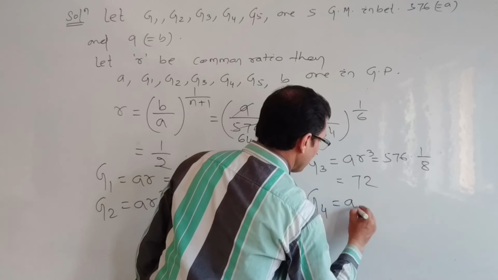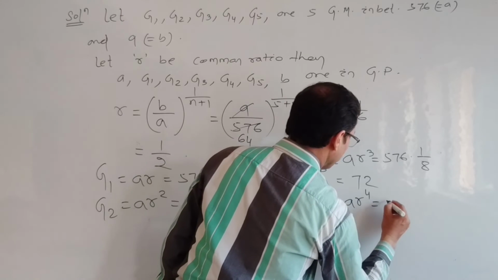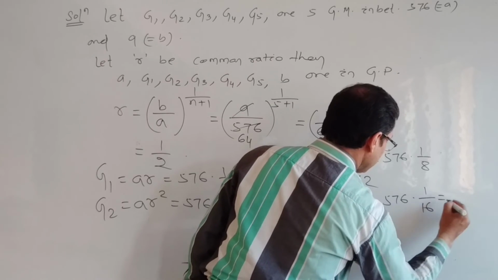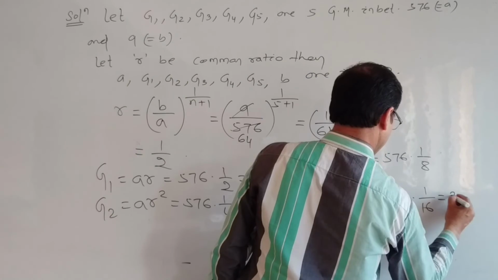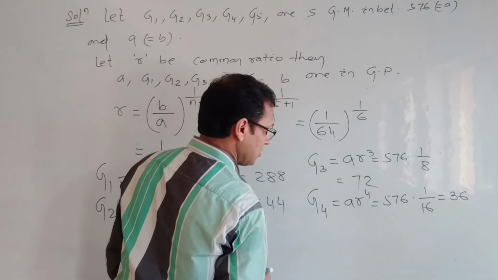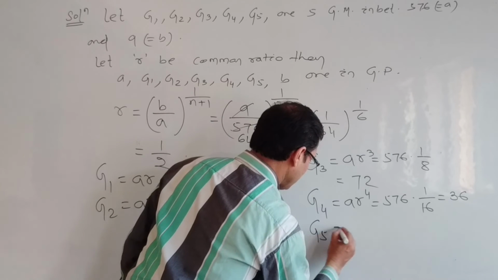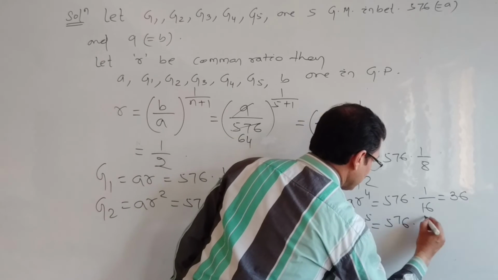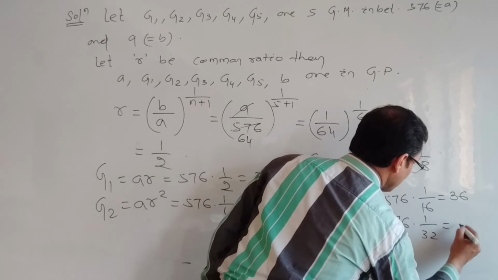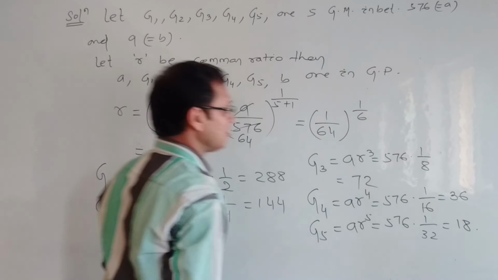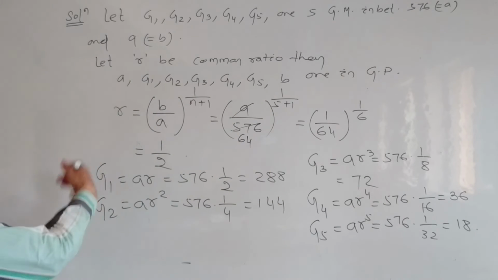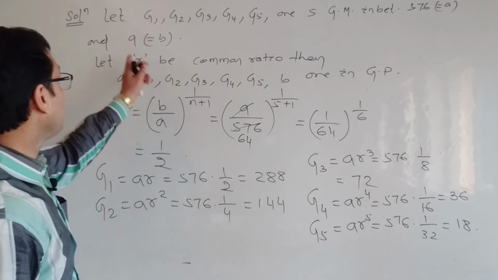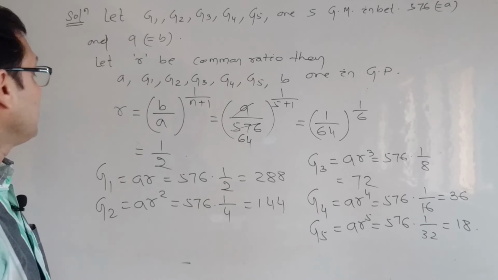G4 is equal to ar to the power 4, that is 576 into 1 by 16, which is equal to 36. G5 is equal to ar to the power 5, that is 576 into 1 by 32, that is 18. So likewise you can find all the 5 geometric means in between the numbers 576 and 9.